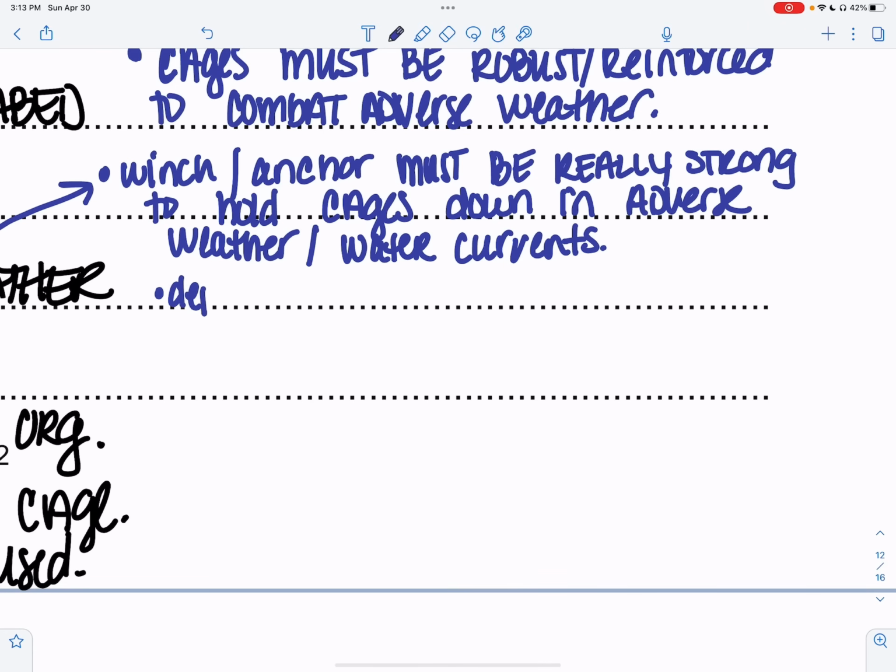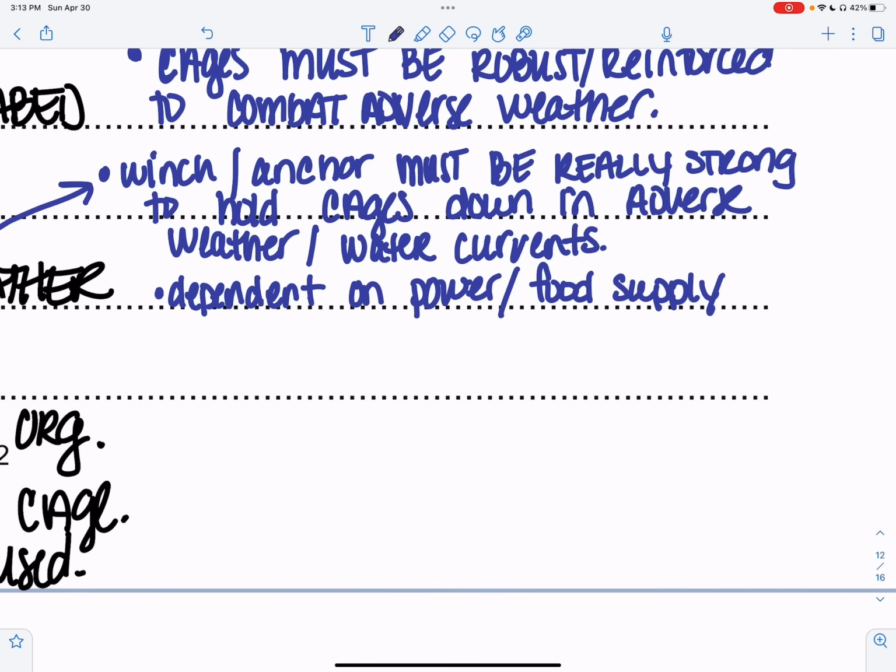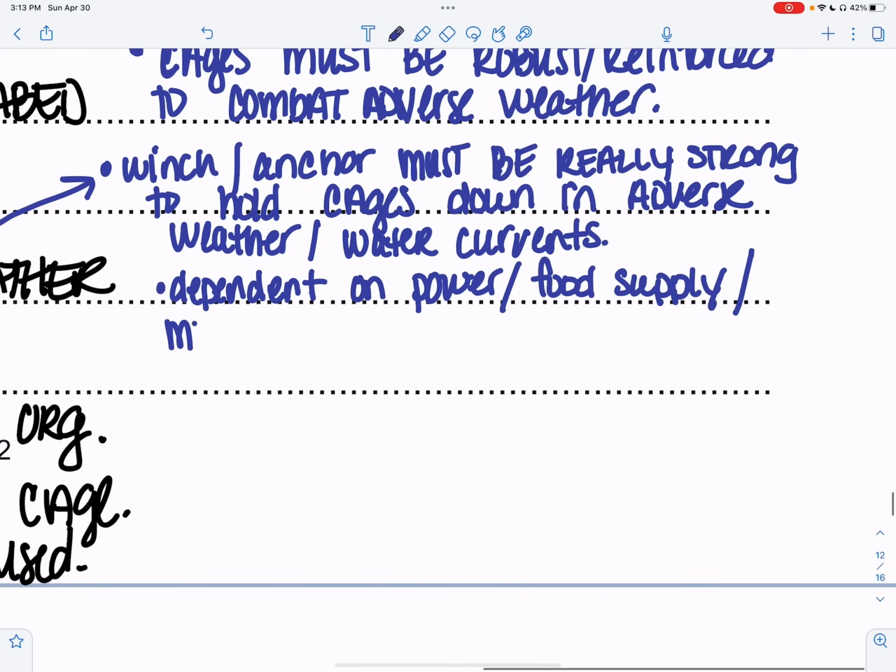These are very dependent on power, so electricity and food supply. And they're very dependent on being monitored from land.